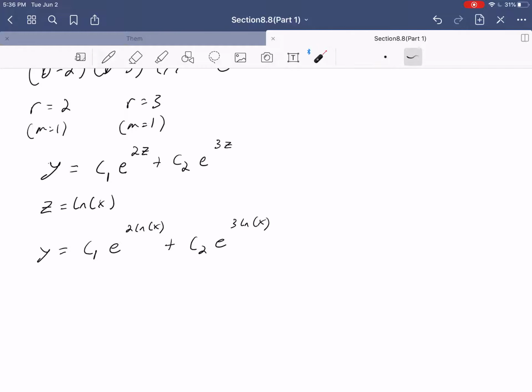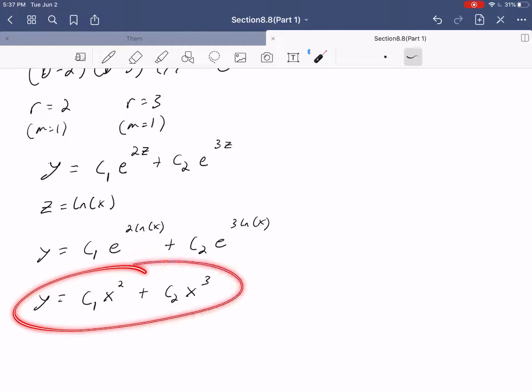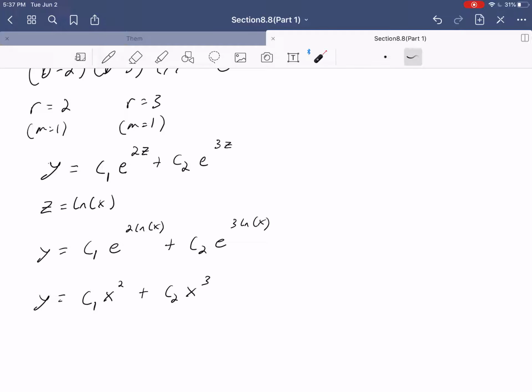But what happens here? Well, these are going to cancel and give us x squared, and then x cubed. So we see that our solutions here are c1 x squared plus c2 x cubed. That'll be our general solution to that Cauchy-Euler differential equation.